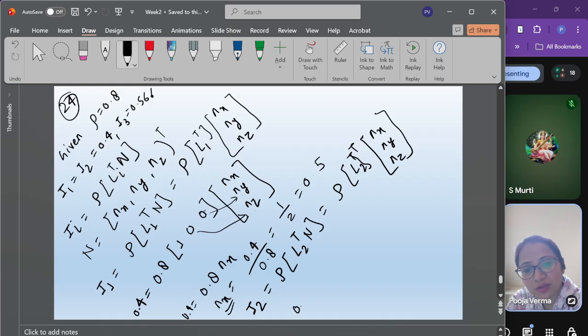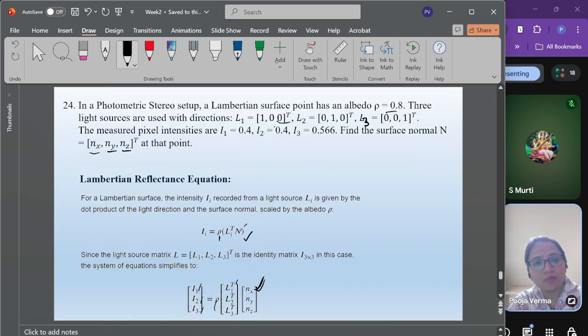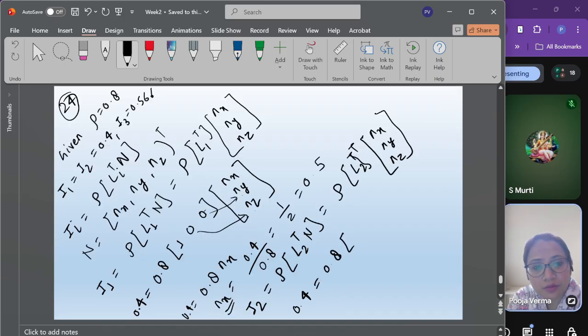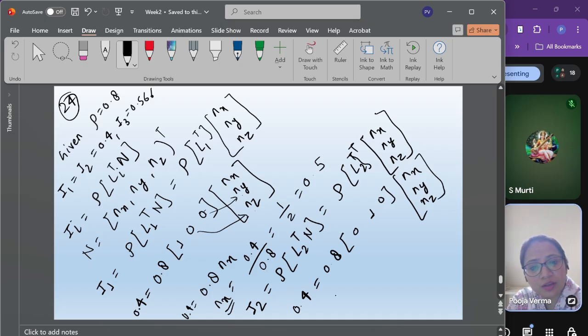I2 is also 0.4, rho is 0.8, L2 is 0, 1, 0. Now multiply with this one, nx, ny, and nz. Here nx will be 0 and nz will be 0, and only 0.8 ny is left. So 0.4 equals 0.8 ny, and again ny you will get 0.5.